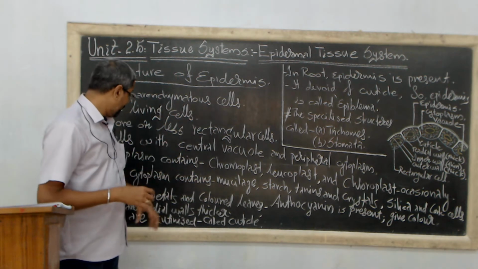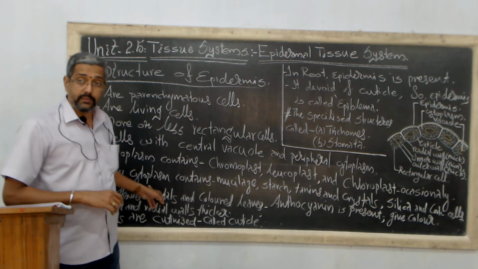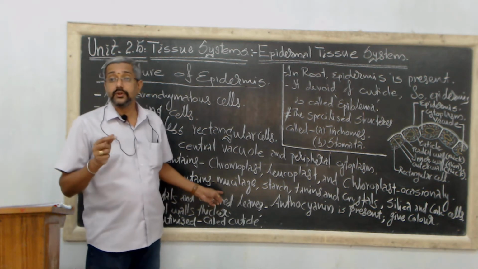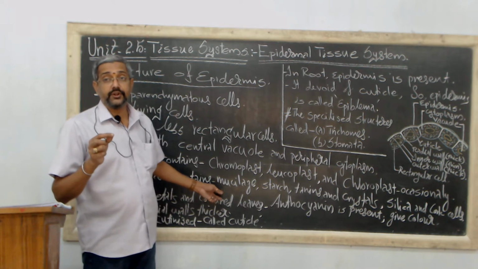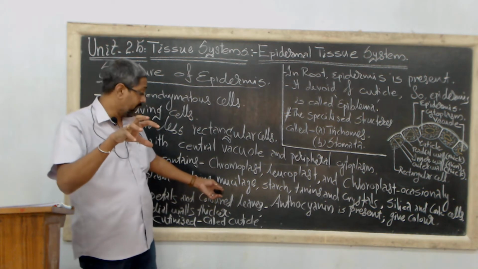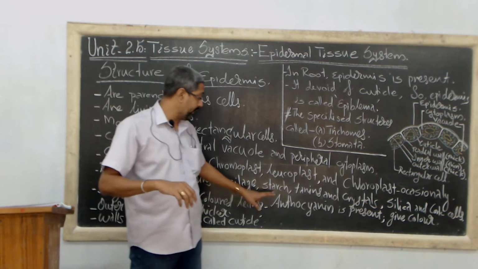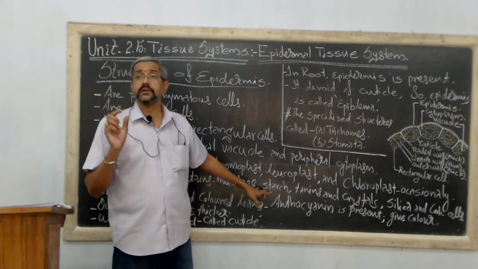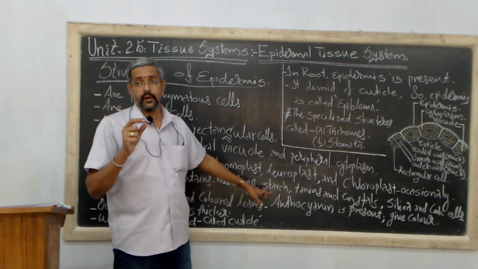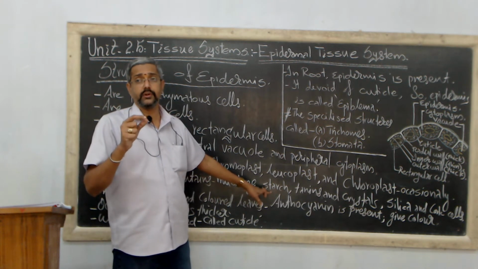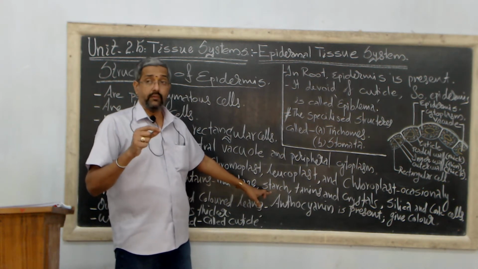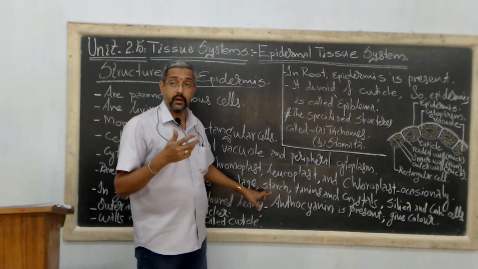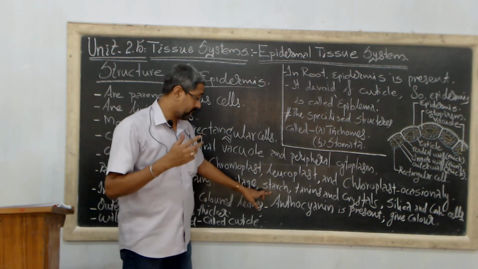Rarely, the cytoplasm of epidermal cells contains mucilage, a sticky substance occupying the inside of the epidermal cells. Similarly, starch may also be stored, because these cells are living and store some food materials, so the epidermal cells also contain starch.